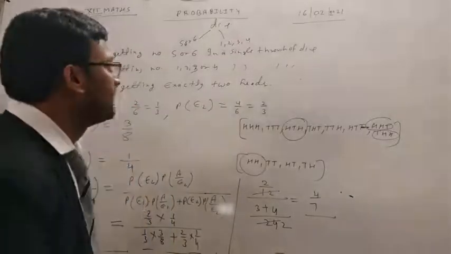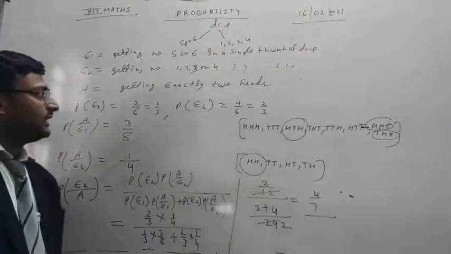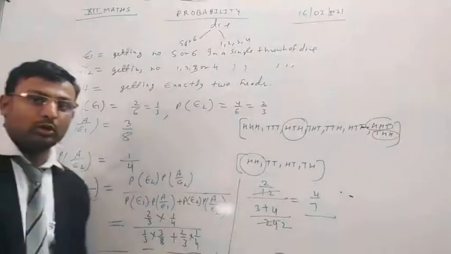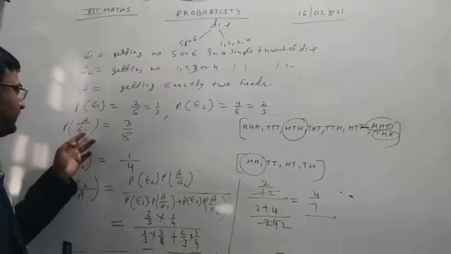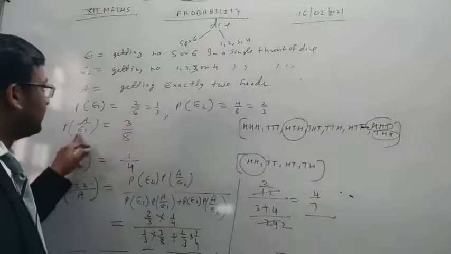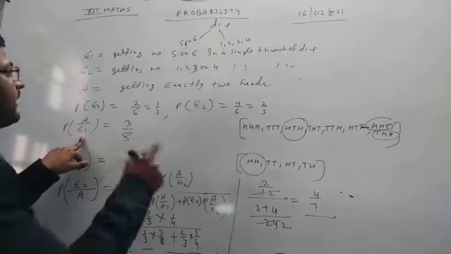Okay students, now the question says that if she gets 5 or 6, then she throws a coin 3 times. So the conditional probability A by E1 is getting exactly 2 heads when she gets the number 5 or 6.